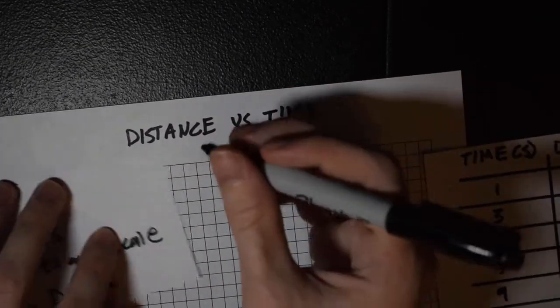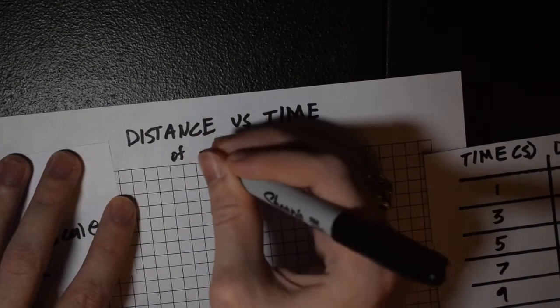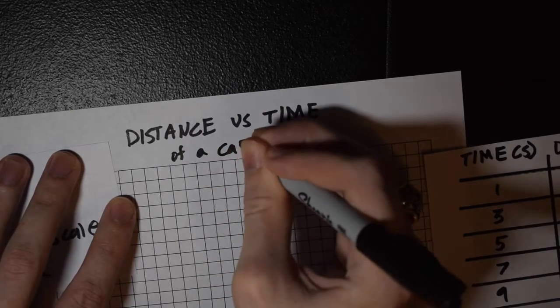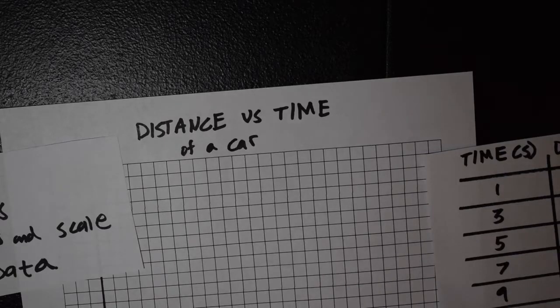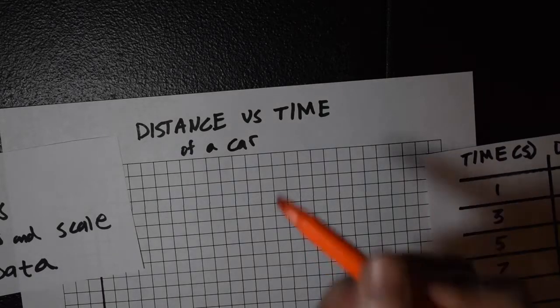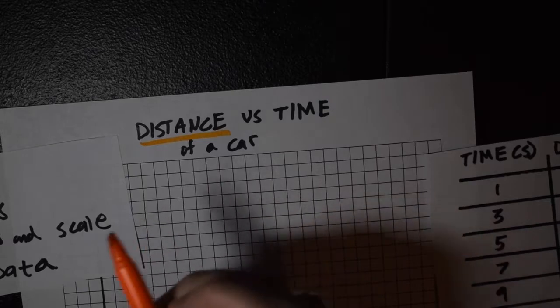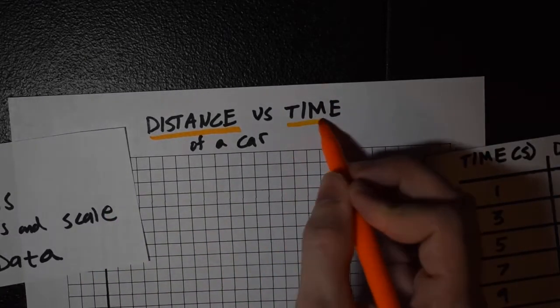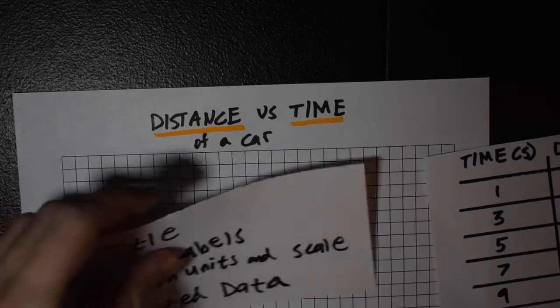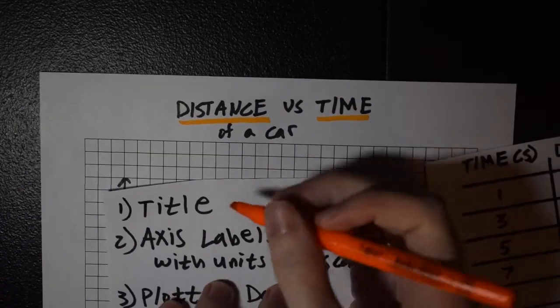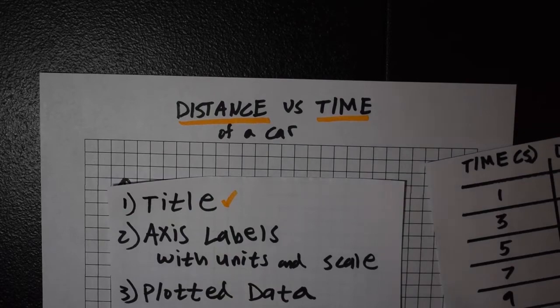We could say like of car if we want to, but the two big things that we need to make sure we have are our two variables, our distance and our time. That's the two really, really important things that need to be in this title. Okay, so title, check, we have that.